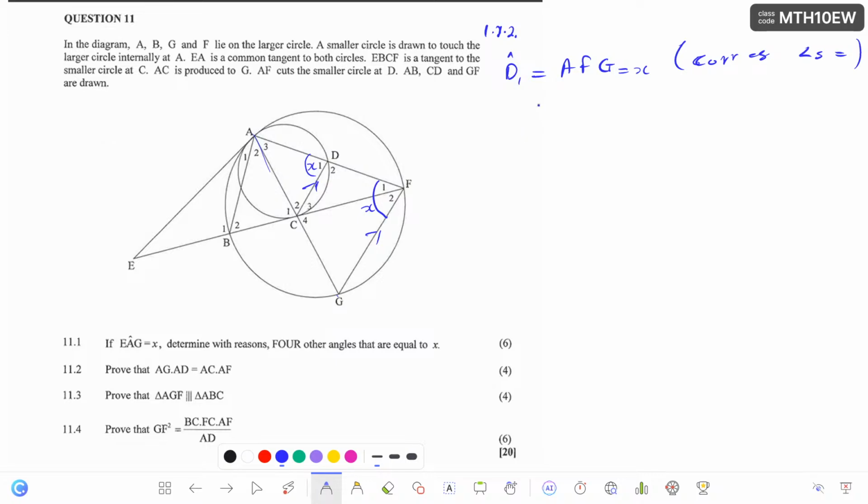So since they are equal, we can now conclude that DC is parallel to GF. Yes, DC is parallel to FG. So if you start with DC, you also need to start with FG.